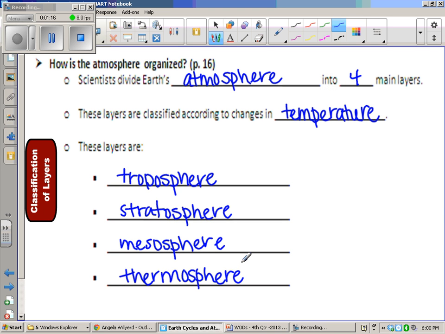Okay, so let's take a look at this diagram that talks about the classification of the layers of the atmosphere.